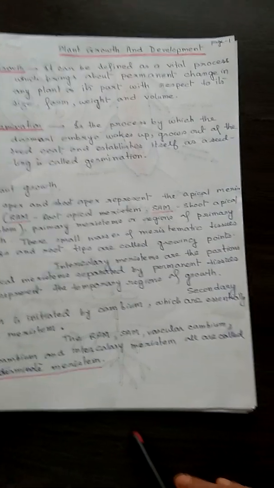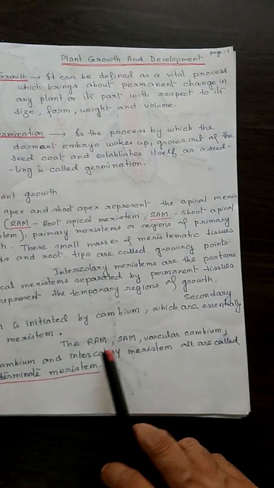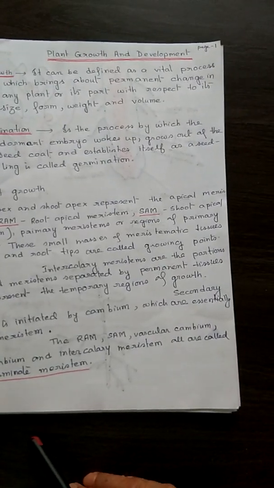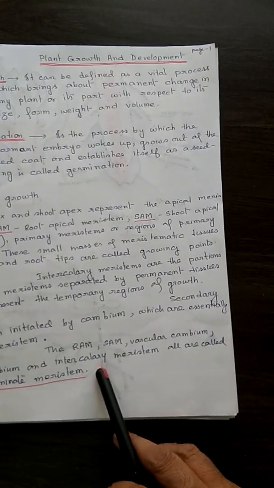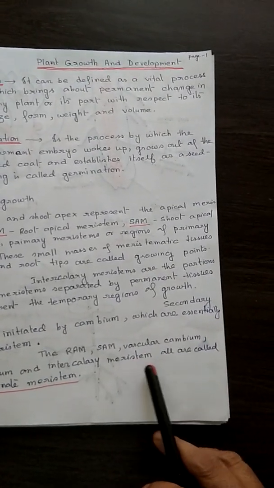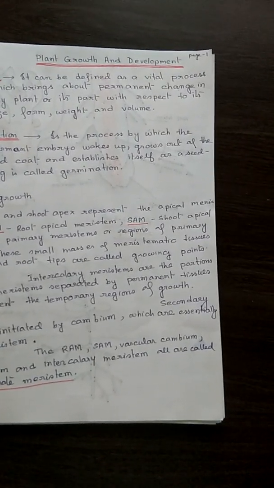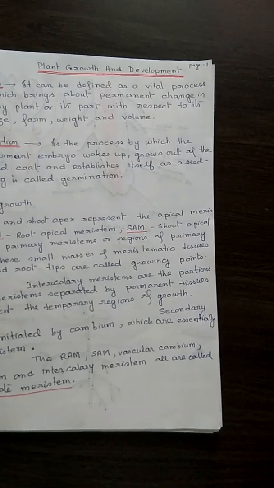The RAM, SAM, vascular cambium, cork cambium and intercalary meristems are all known as meristems.